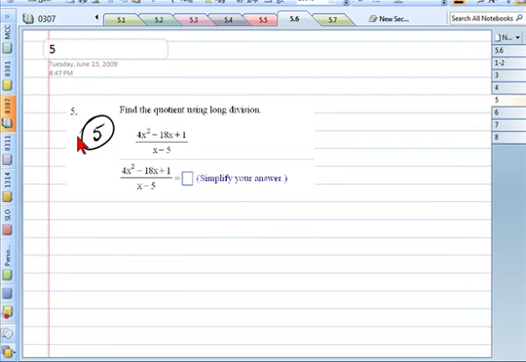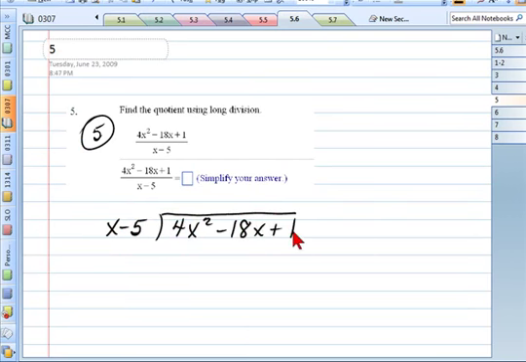In this one, I'm going to divide by x minus 5. I'm going to divide into 4x squared minus 18x plus 1. I start by looking at the first term on the outside and the first term on the inside.